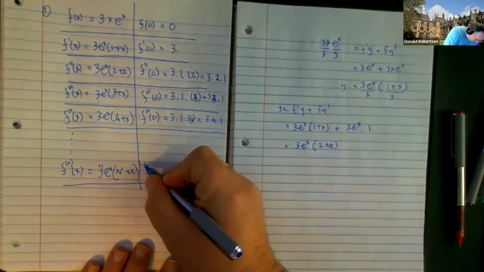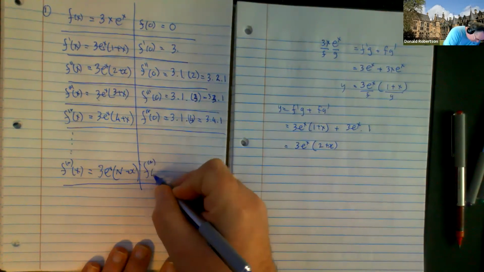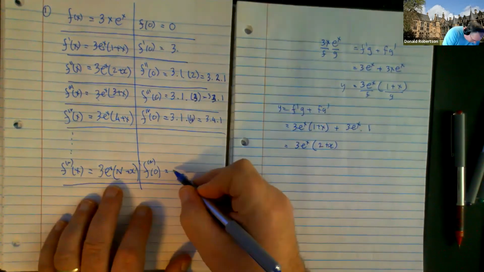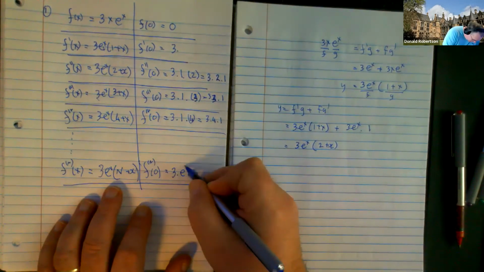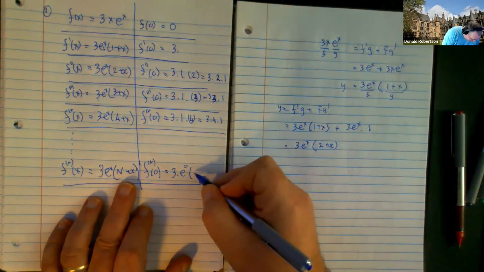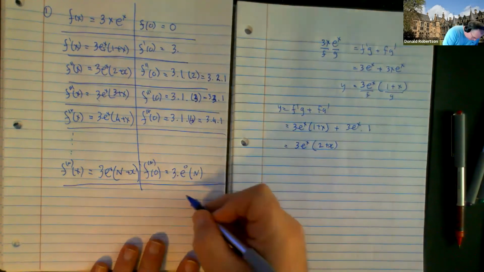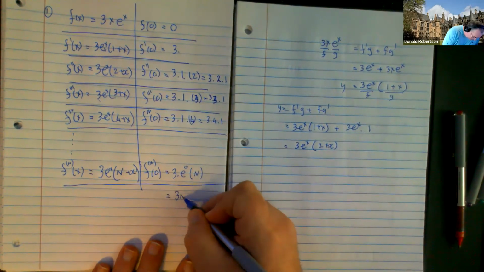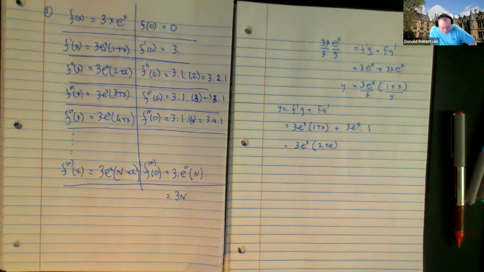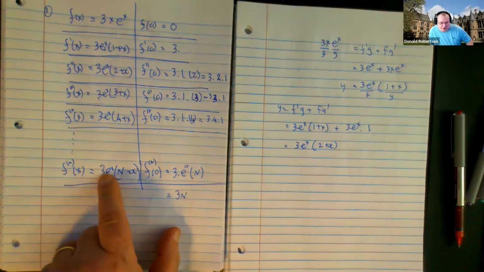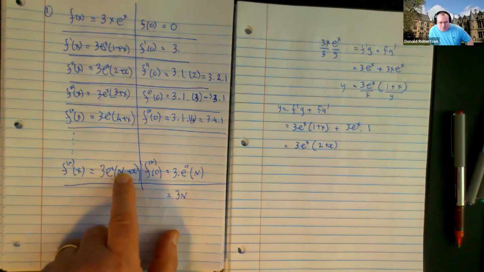And so all I need to do now is find out who this guy is, and we are ready to do a power series. Well, he's going to be 3 times e to the 0 times 1 plus n. And that ends up being 3 times n. Agreed? 3 times e to the 0, n plus 0, right?